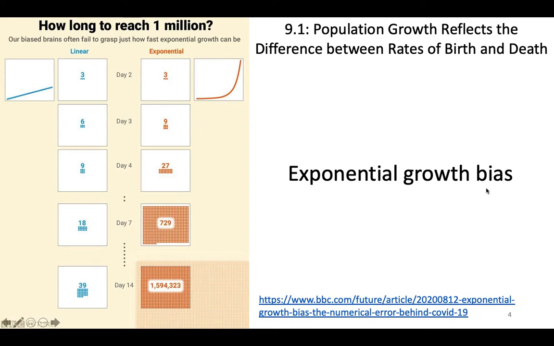There's another article that I found that was really interesting, that was trying to explain why people were failing to grasp how quickly this could go bad. They use this term called exponential growth bias, that people are biased to not grasp how fast this can be. So in a lot of people's minds, they thought about the growth of this happening along a linear path, in which case you don't have that many people infected.